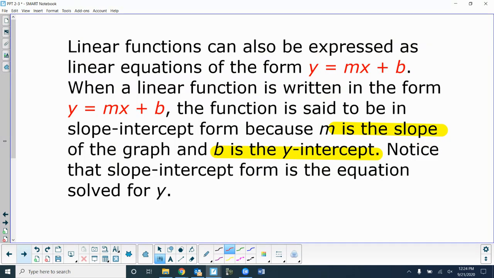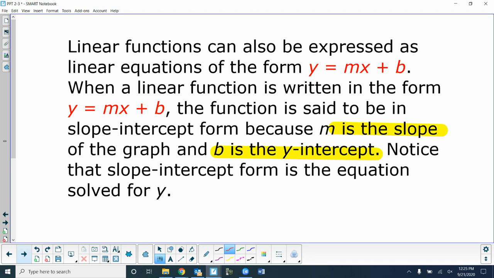Okay. All right. Linear functions can also be expressed as linear equations. So there's our y equals mx plus b. When a linear function is written in the form y equals mx plus b, the function is said to be in slope-intercept form. So when you are supposed to put it in slope-intercept form, it's telling you to get y by itself.